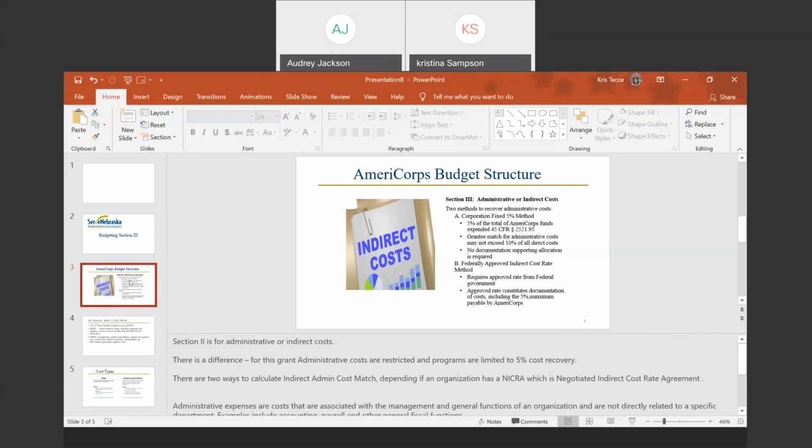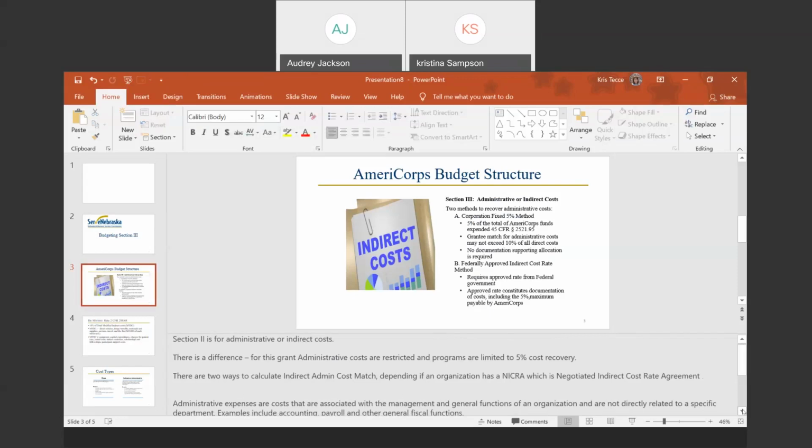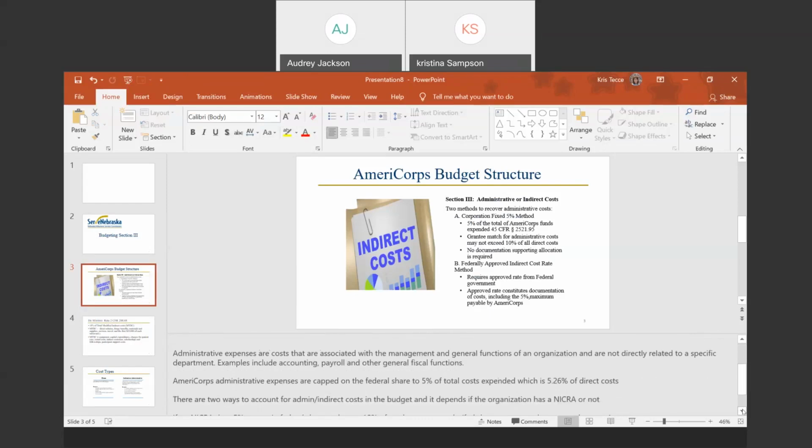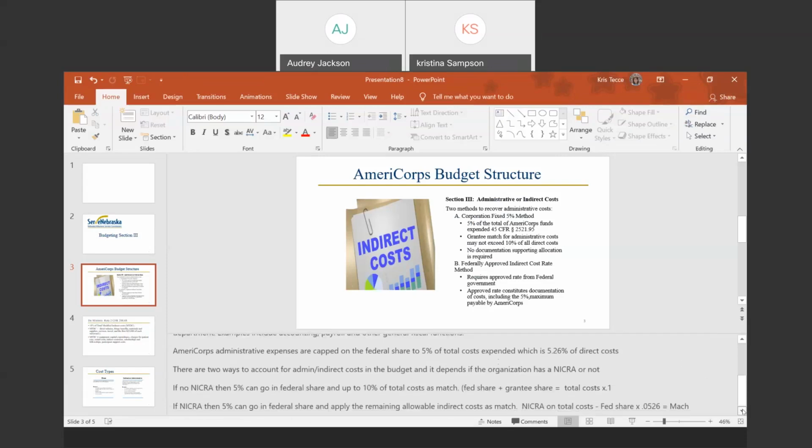For organizations that might have a federally approved negotiated indirect cost rate, some people know them as NICRA or ICA, the second part is if you have a negotiated indirect cost rate, you still are limited to 5% of the federal share. Again, both methods give the grantees cost recovery of 5% of total federal funds, which again is 5.26% of Sections 1 and 2.